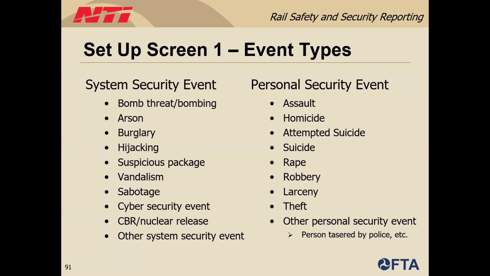The second are personal security events such as assault, robbery, homicide, attempted suicide, etc., that affect 1 or more individuals. Just as with other event types, the event must meet a reporting threshold. Suicides or attempted suicides that are not a result of collisions are reported on this form.